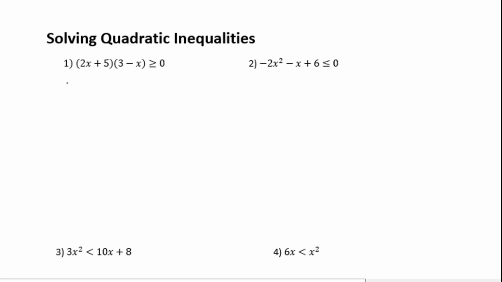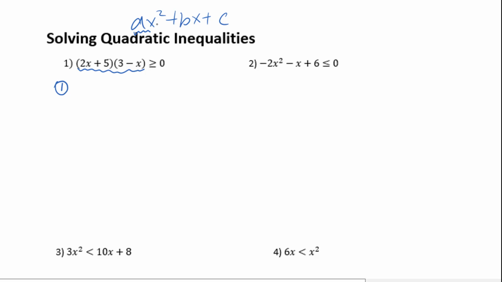Let's go to examples. Number 1, 2x plus 5 times 3 minus x greater than or equal to 0. First of all, we need to figure out ax squared plus bx plus c, what's this a? How to figure out a?